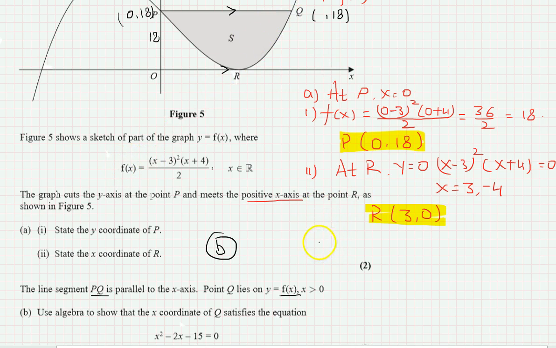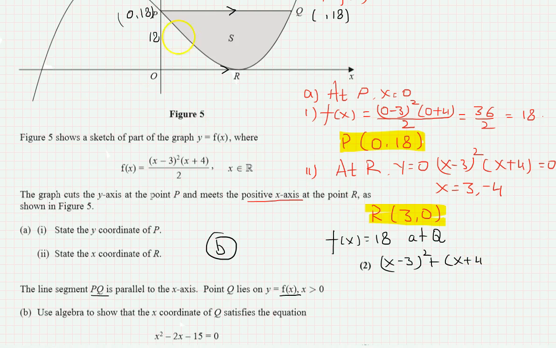So it means we can say that f(x) is equal to 18 at Q. So it means (x minus 3) squared, multiply (x plus 4), over 2 is equal to 18.